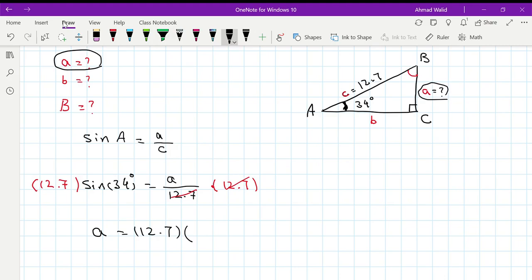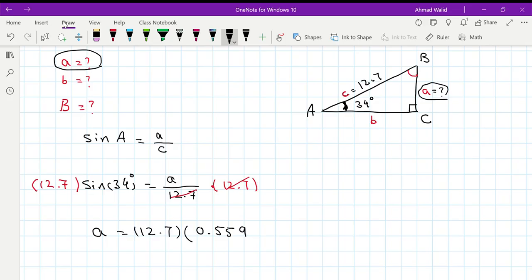Using your calculator, you can easily find the sine of 34. Click on the sine button and write down 34. Some calculators, they open parentheses, close the parentheses, enter. It gives you 0.5591. In the problem, of course, we will tell you how many decimal places you have to go.